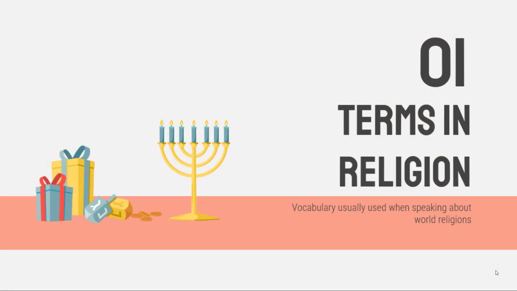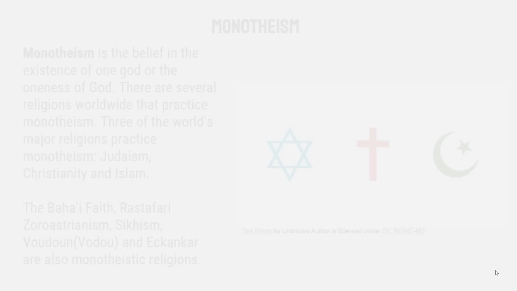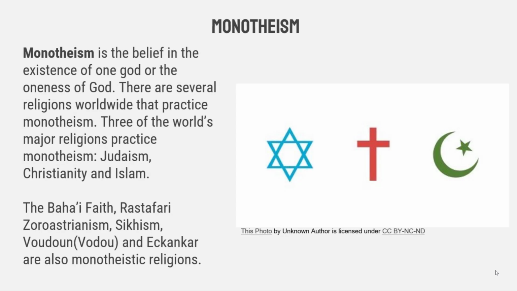Okay, so these are terms in religion, and as we go along, most of that is on your guided notes. We'll take a look at the main words that you need to know in world religions that are going to be mentioned often. Monotheism is one of them. This is the belief in the existence of one God or deity, or the oneness of that one deity. Okay, just that oneness of that deity.